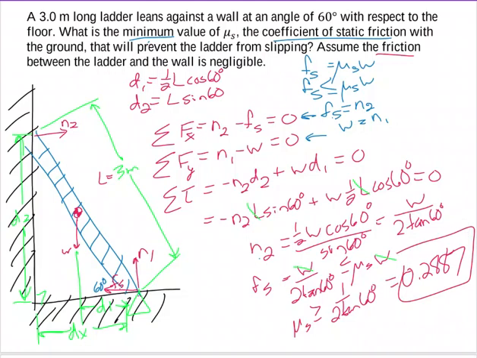Okay, so there's your answer. The minimum is that number, and then it's just going to be bigger than that somehow. So that's how you would do that problem.